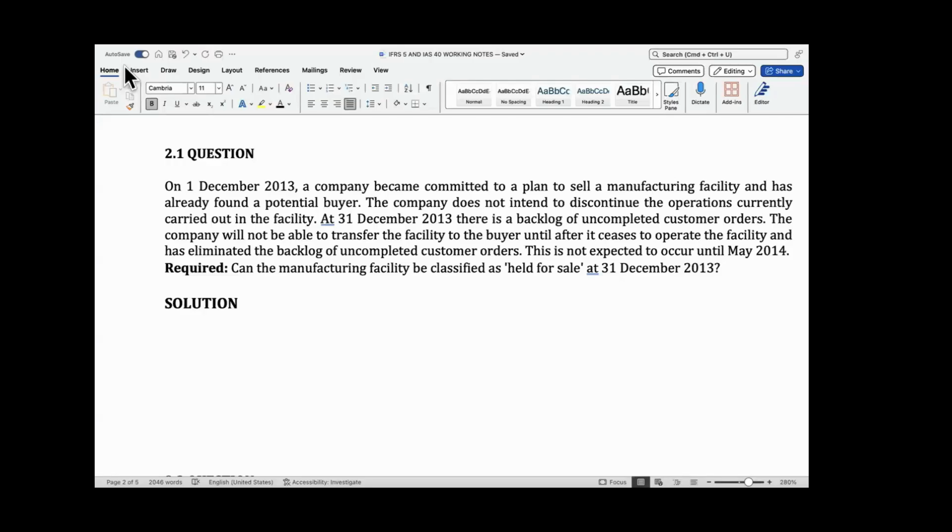At 31st December 2013, there is a backlog of uncompleted customers' orders. The company will not be able to transfer the facility to the buyer until after it ceases to operate the facility and has eliminated the backlog of uncompleted customers' orders. This is not expected to occur until May 2014.